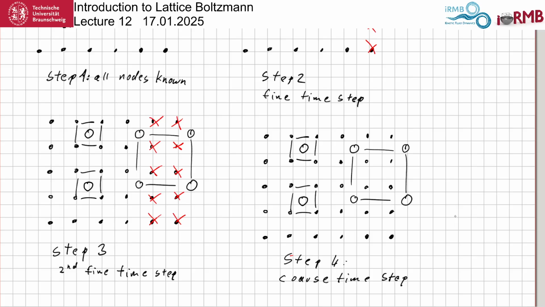So we have seen that on this side, all of them went out of business, and now these guys here have no neighbor, so they go out of business after they have the collision and the streaming. So now all these interface nodes are out of business.